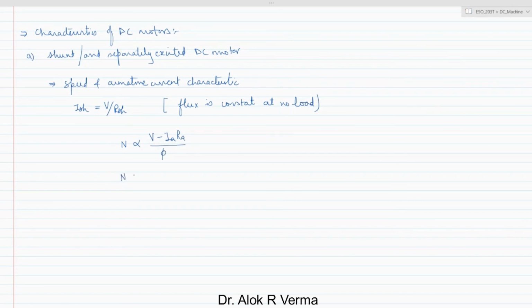So the speed is basically proportional to V minus IA into RA, assuming phi as constant. The equation shows that the speed will be a straight line.